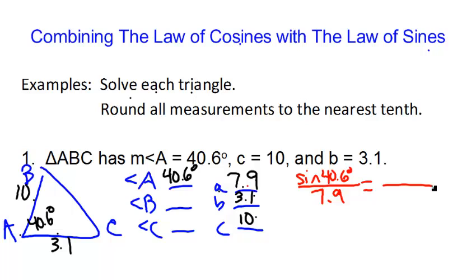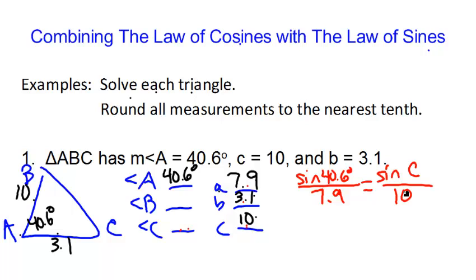When you're doing this, it's best to start with the largest angles, the longest sides. They'll be across from each other. 10 is longer than 3.1, so I'm going to start by finding the larger angle, angle C. So sine of C corresponds with a length of 10.